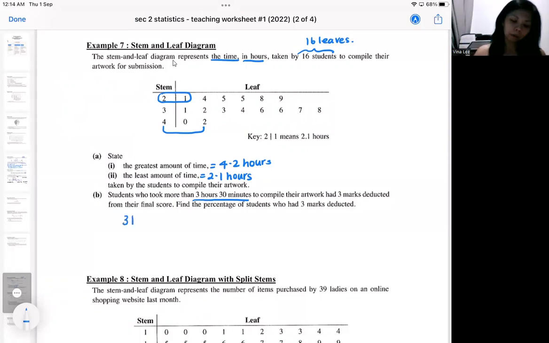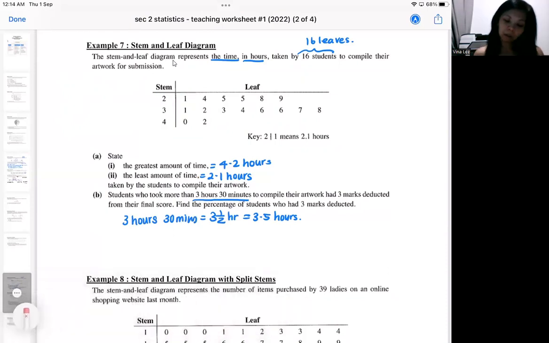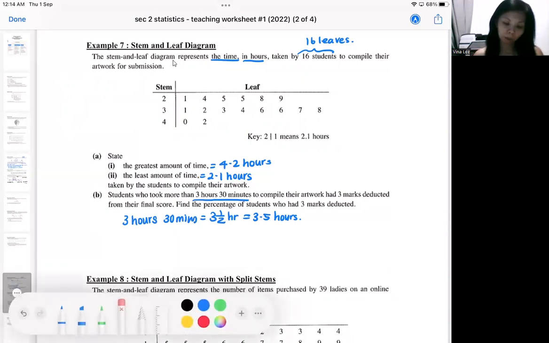So again, you've got to convert first. 3 hours 30 minutes is actually 3.5 hours. We would like to find out the percentage of students who get 3 marks deducted. So more than 3.5; 3.5 is not included.